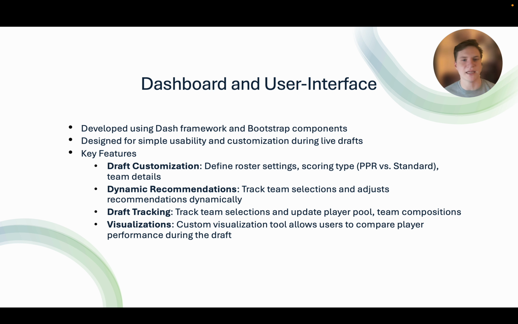The draft tracking tracks team selections and updates the player pool and team compositions automatically for you while you're inputting your selections. And if you're interested, you can have custom visualizations that allow you to compare player performance and stats live during the draft. So now you'll get to see some of these features in action through a dashboard walkthrough with Caleb.